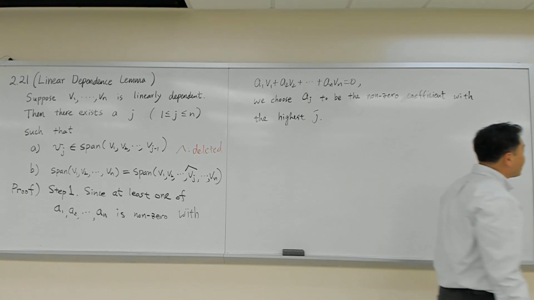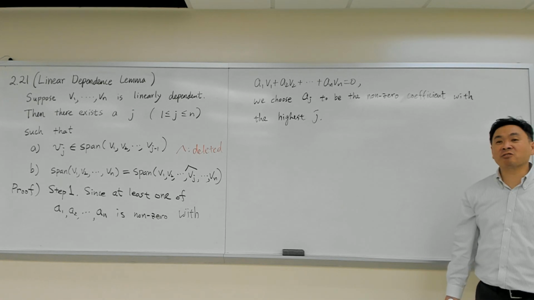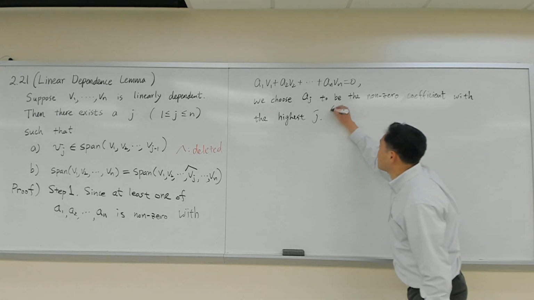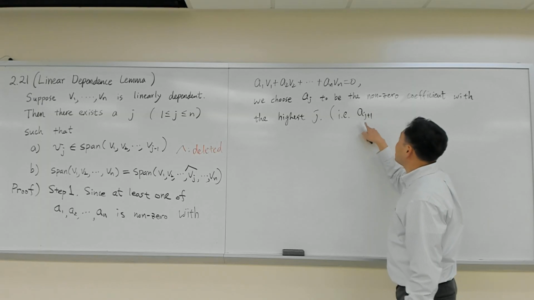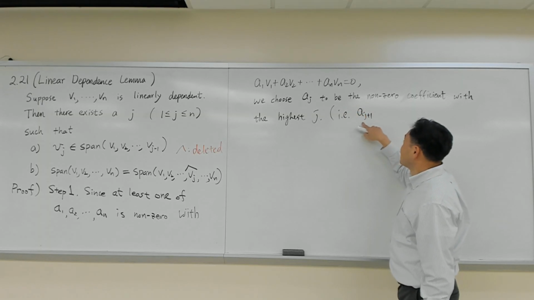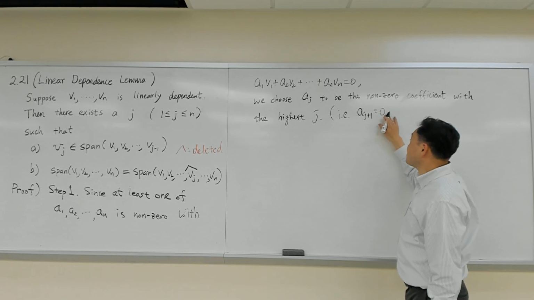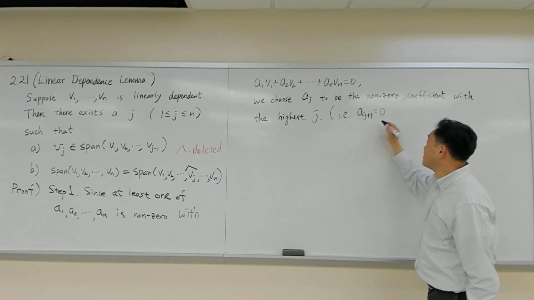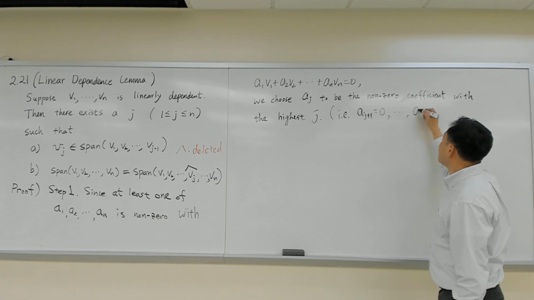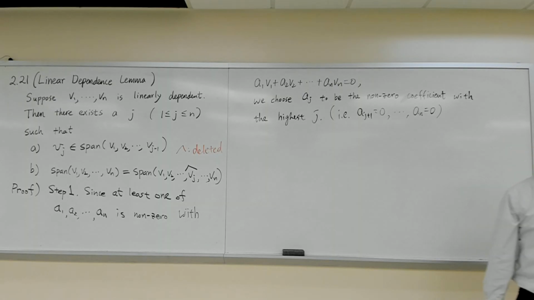Now what does that mean? That means A(j+1), in other words, if j is not n, then A(j+1) will be 0, right? Because if this is non-zero, then this will be the higher one. So everything on the right side of it would be 0. That's what it means.